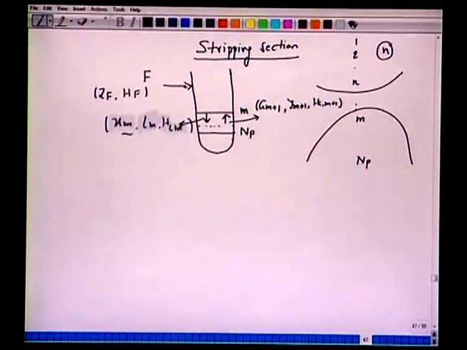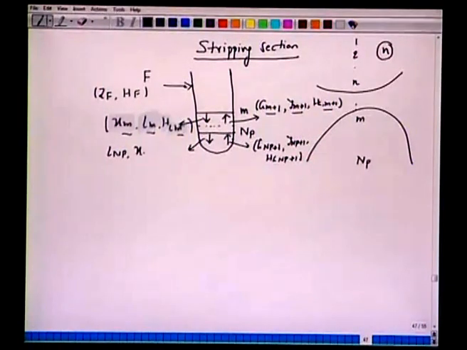So we are following the same nomenclature: the subscript represents the tray from which the vapor or the liquid originates. Okay. So for the last plate NP, we have G(NP+1), Y(NP+1), and HG(NP+1). The liquid which trickles from the bottom plate has LNP, XNP, and HLNP.